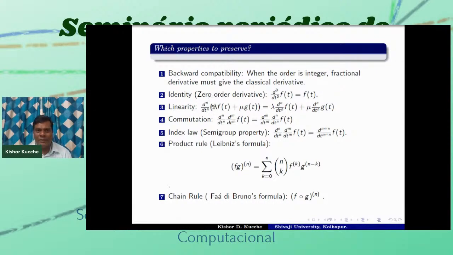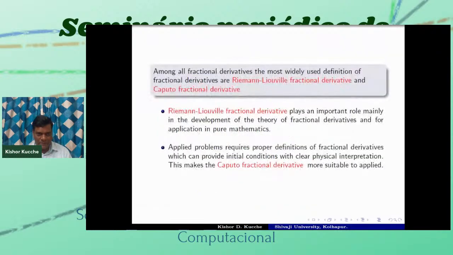For that fractional derivative, the linearity property should be there. That fractional derivative must satisfy the commutation property. Index law must be there. We must be able to define the product rule for that fractional derivative, and we must be able to give the chain rule for that.